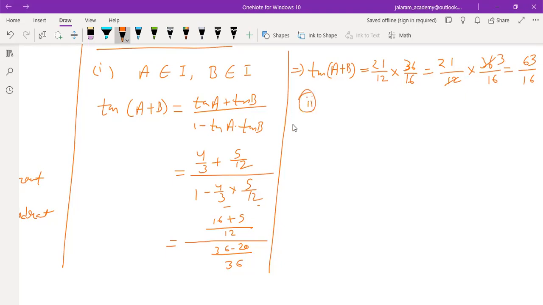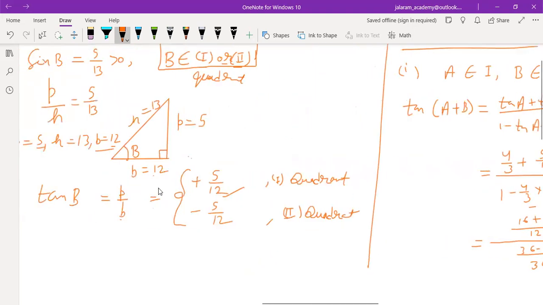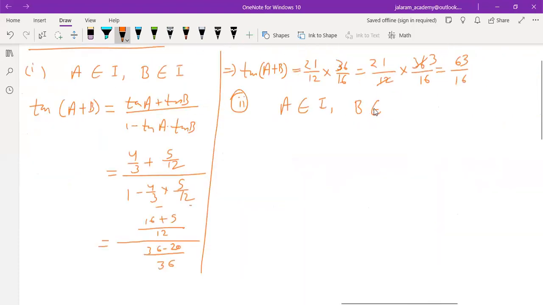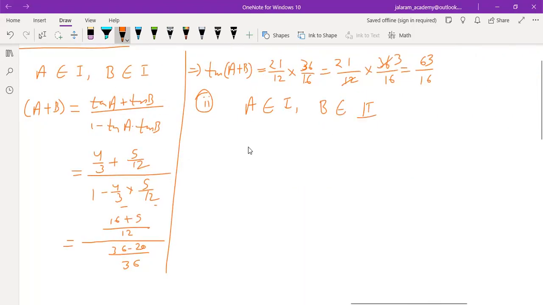Case second, A belongs to the first quadrant and B belongs to what? B is in two quadrants, either first or second. So B belongs to the second quadrant. Then clearly tan A is positive, its value is 4 by 3. But in the second quadrant, tan B is negative, that is its value will be minus 5 by 12.